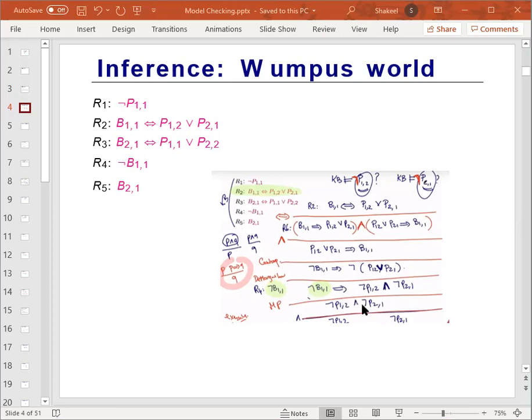So I'm going to use De Morgan's law, in which I distribute the negation, which will give me the negation of B11 implies not P12 and not P21. De Morgan's law has this property of distributing the negation and changing the disjunction into a conjunction.